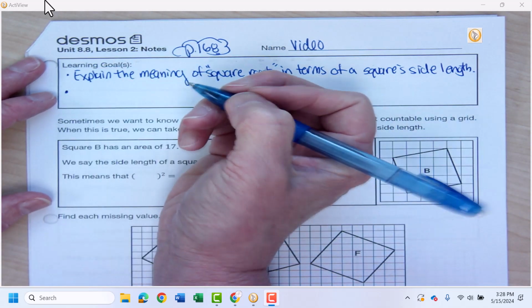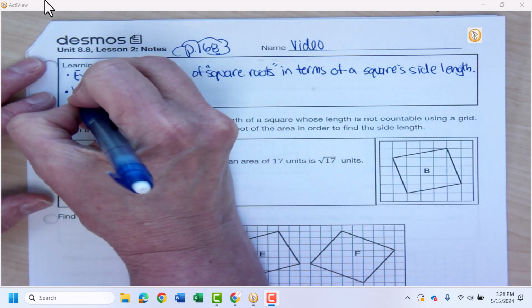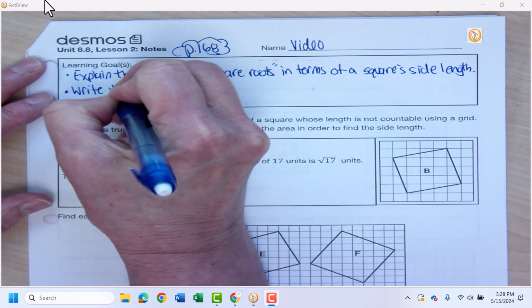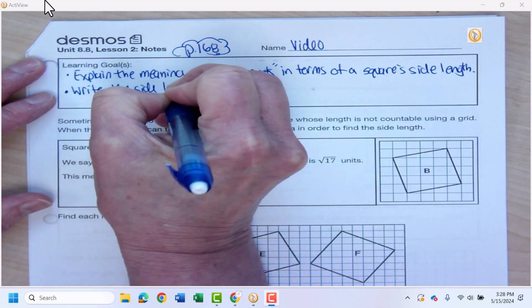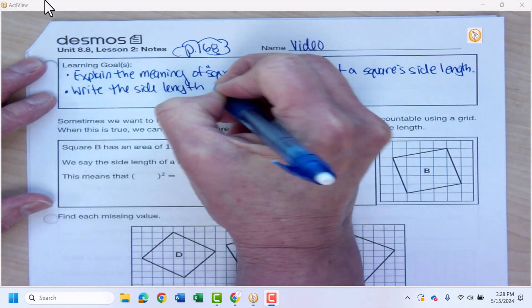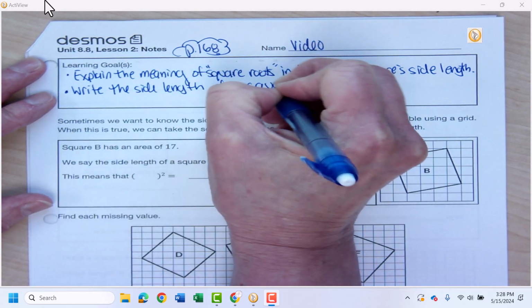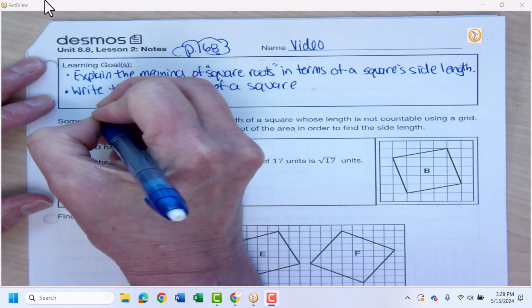And the other thing is to write the side length of a square using a square root symbol.